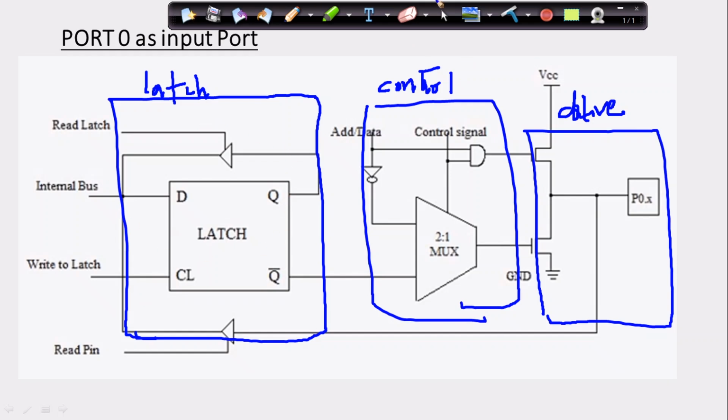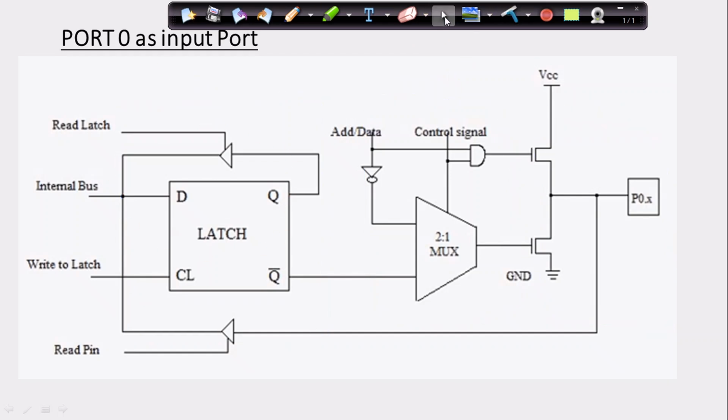Every data we are going to send has to be stored somewhere. That is why we are using this latch in order to hold that particular value. We are going with a simple latch, that is our D latch.